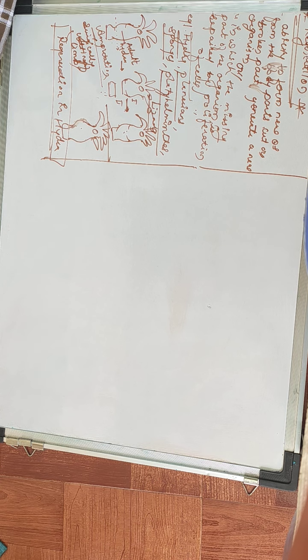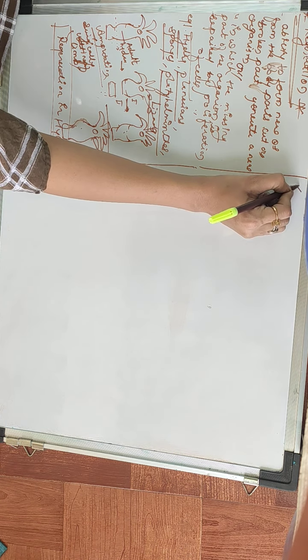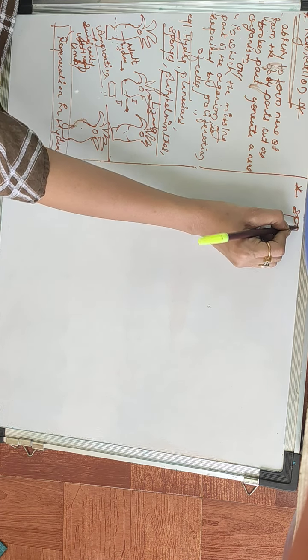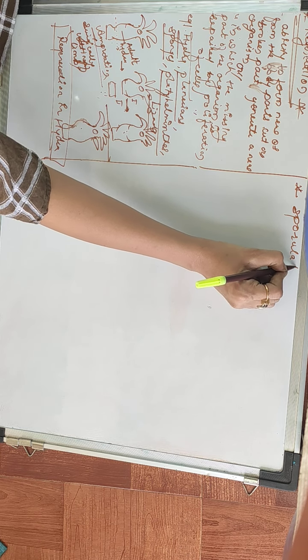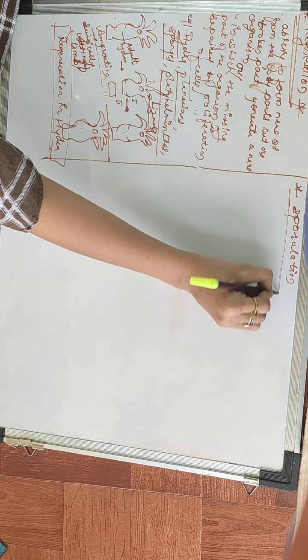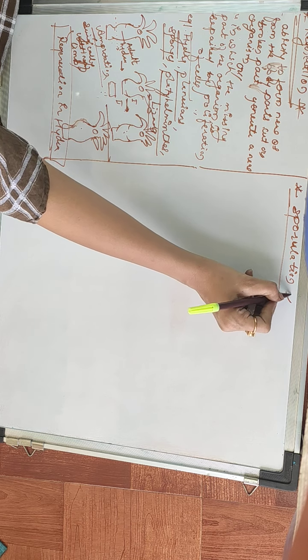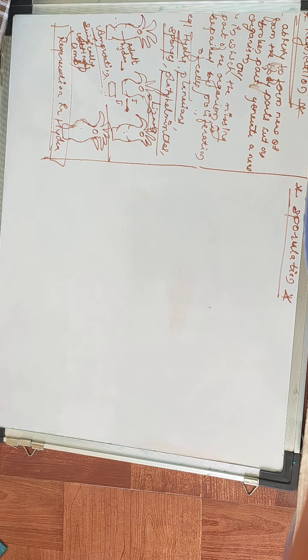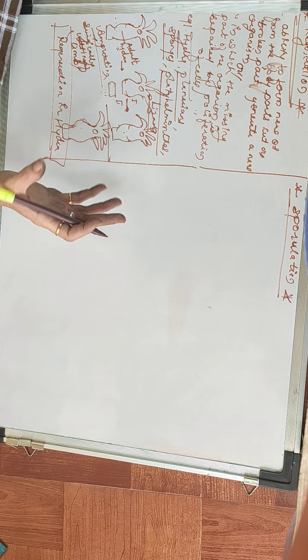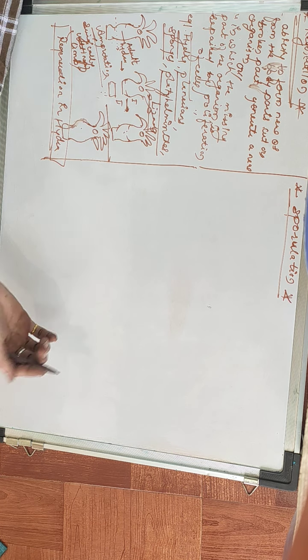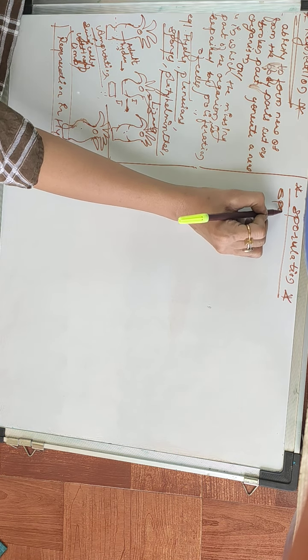We will see the next process of asexual reproduction, that is called sporulation, or also known as spore formation. So what do you mean by sporulation? Sporulation occurs through spores. So first, what do you mean by spores?